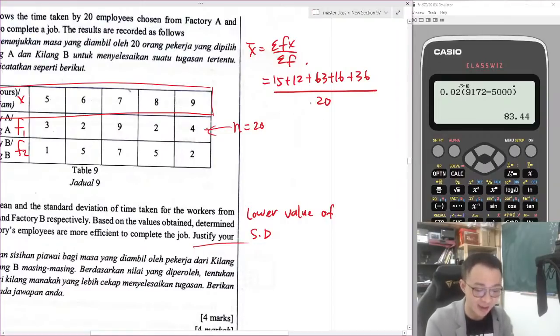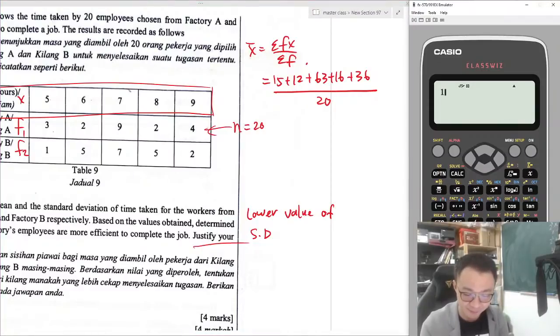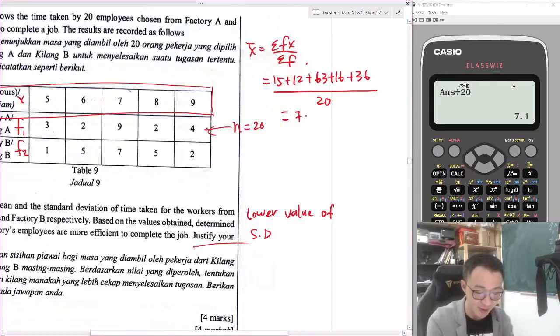This one you type in a calculator: 15 plus 12 plus 63 plus 16 plus 36 divided by 20. Yeah, 7.1 for my first mean.